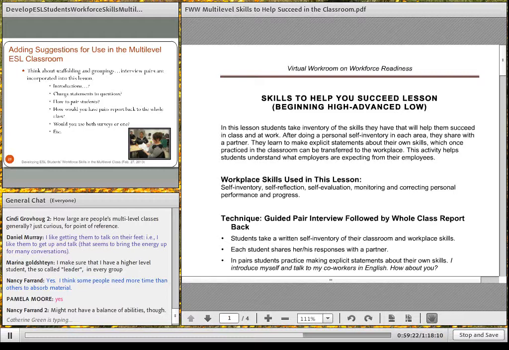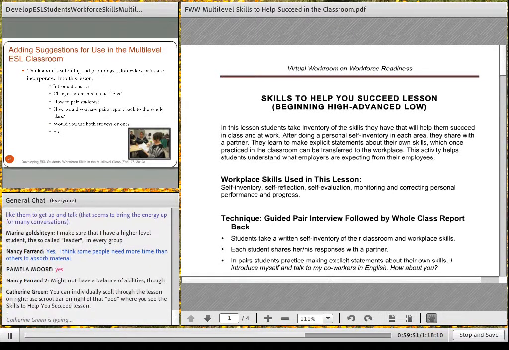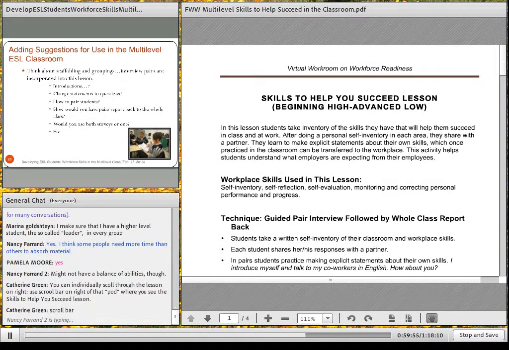After doing a personal self-inventory in each area, they share with a partner. They learn to make explicit statements about their own skills, which once practiced in the classroom can be transferred to the workplace. This activity helps students understand what employers are expecting from their employees. And take a look. Here are the skills that we mentioned. Technique, guided pair interview followed by whole class report.